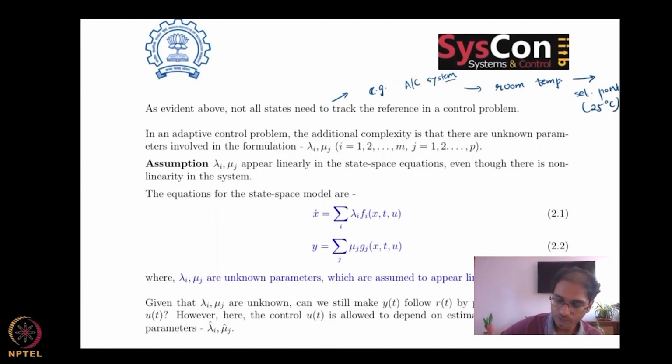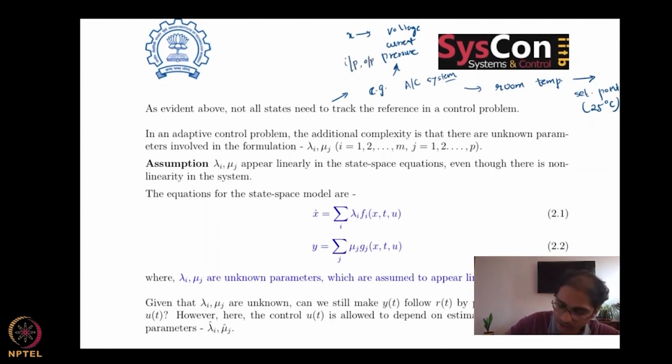Now remember, the air conditioner that you have in your home has many states. If I try to model an AC, it has many states. It has electrical elements, so obviously there are states like, for example, the x will be, say, voltage, current. Then there is a compressor, so obviously there is pressure, maybe input and output pressure.